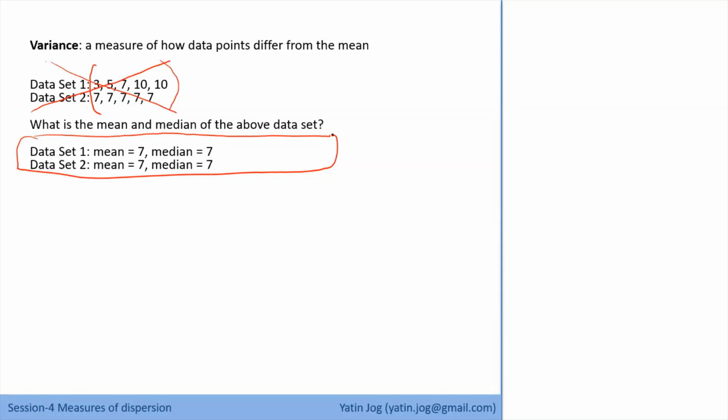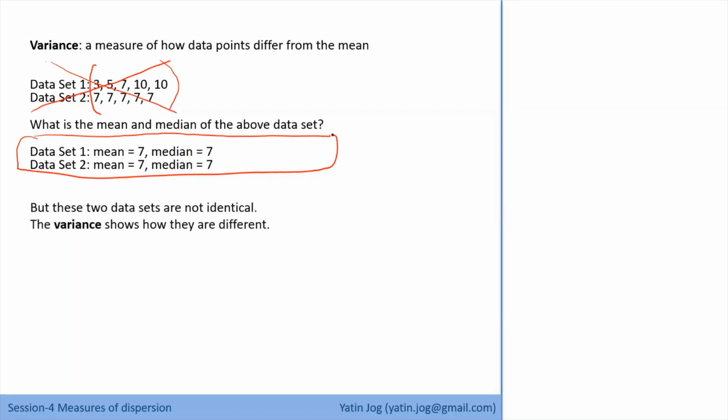That is my understanding. And when I say median is 7, that means half the number of observations are above 7 and half the number of observations are below 7. So when I have two data sets with both mean and median equal to 7, my understanding is both the data sets are identical in nature, but that is not the case.